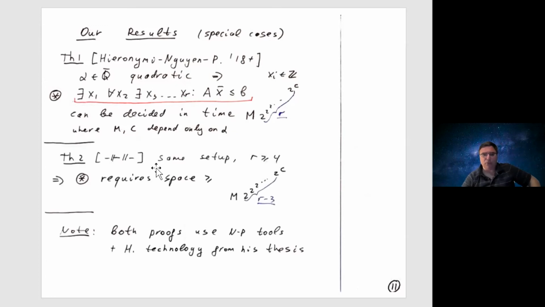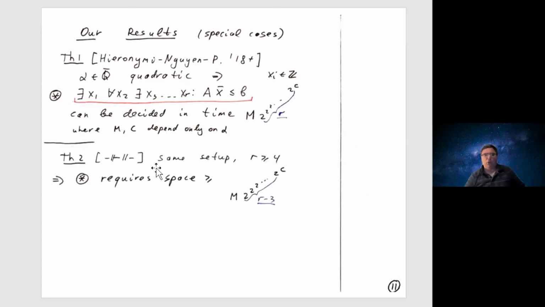And before you ask me, how tight is that? The answer is pretty tight. We do know that the lower bound is a tower. It's written the same way. It's a tower of length r minus 3.